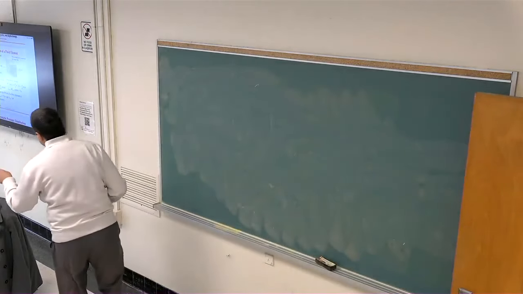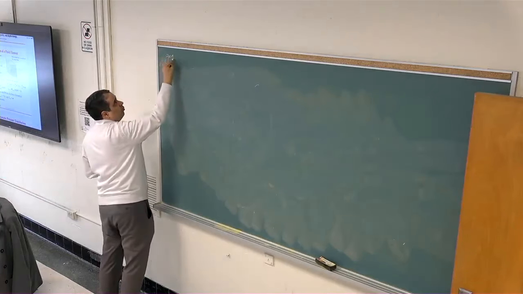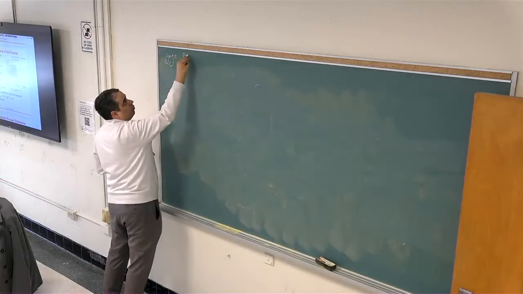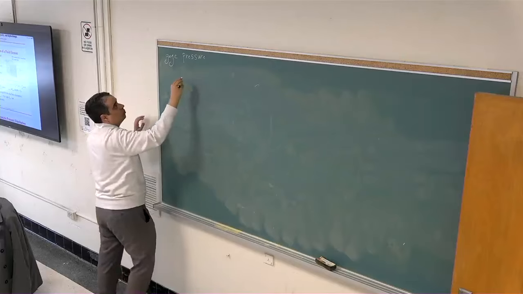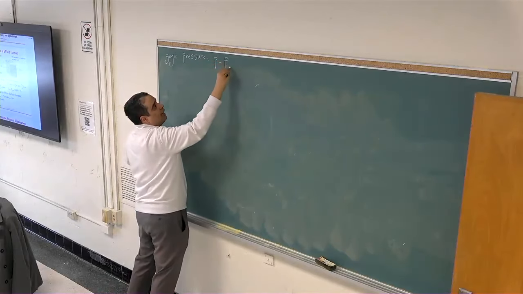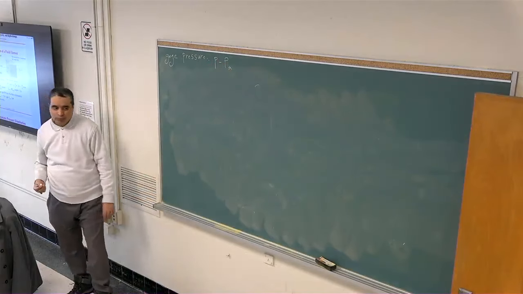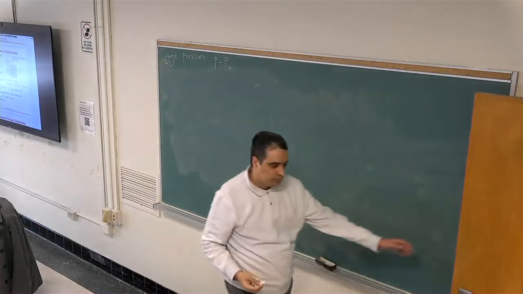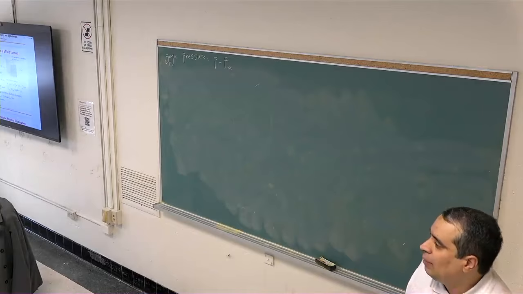Okay, so we define two parameters. Gauge pressure is pressure minus P ambient.